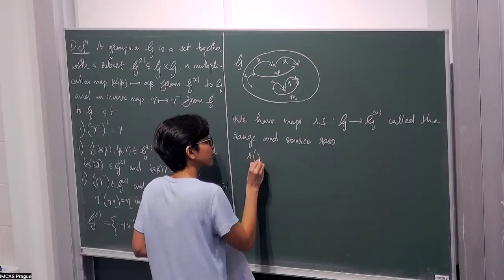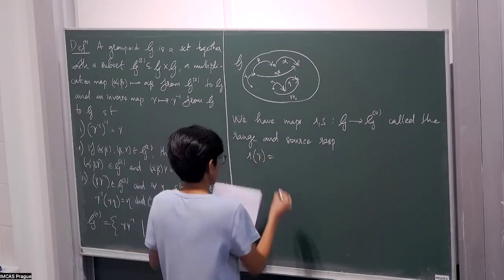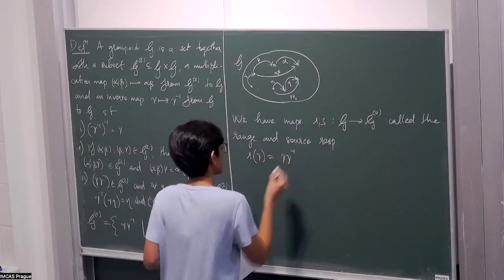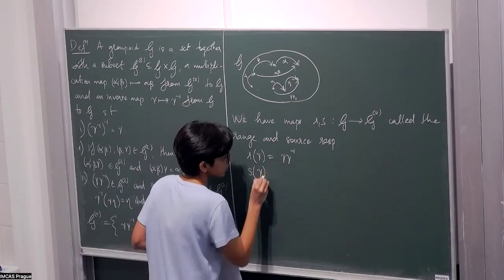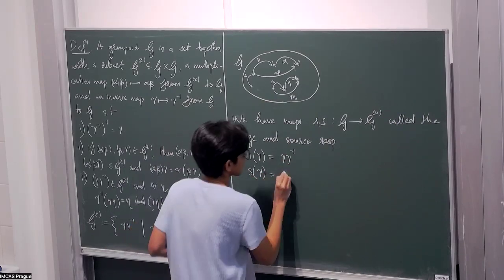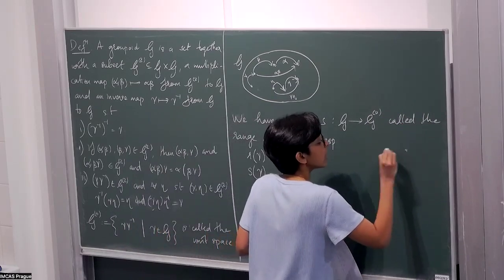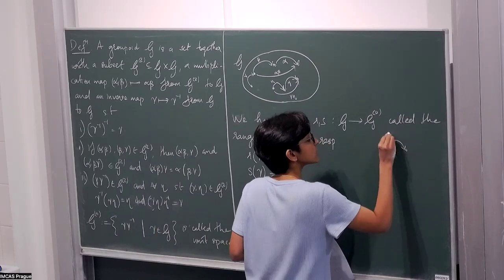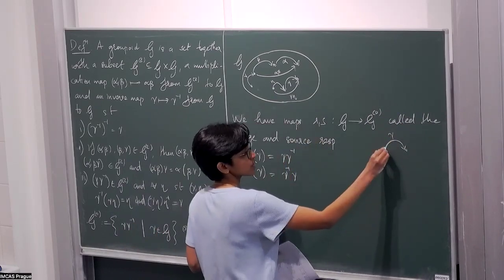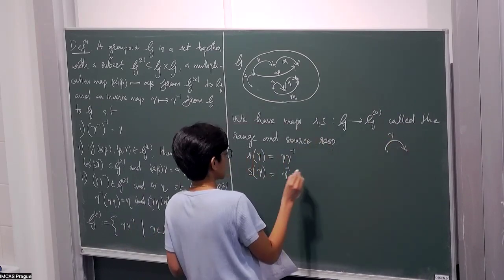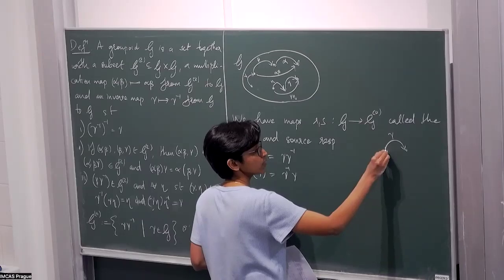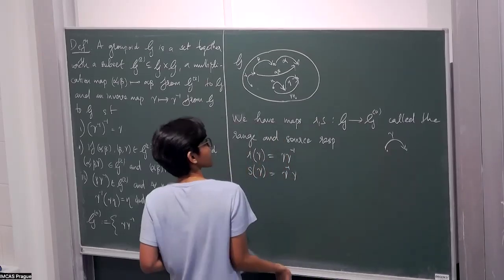R of gamma is just gamma gamma inverse, and the source of gamma is just gamma inverse gamma. So if we have an arrow like this and I want to go to the source, I would first go to gamma and then come back by gamma inverse, just like that.